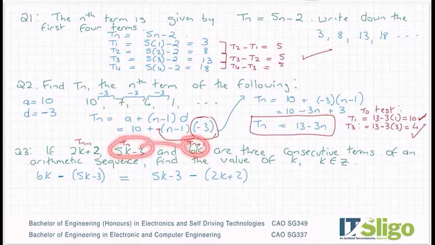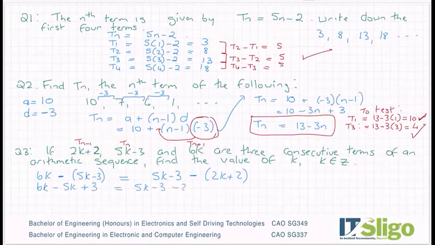Well, that value has to be equal to this one, take away this one. So let's figure out our signs here. I have 6k minus 5k minus is a plus 3, equal to 5k minus 3 minus 2k minus 2. So 6k minus 5k is k plus 3 is equal to 5k minus 2k is 3k minus 5.